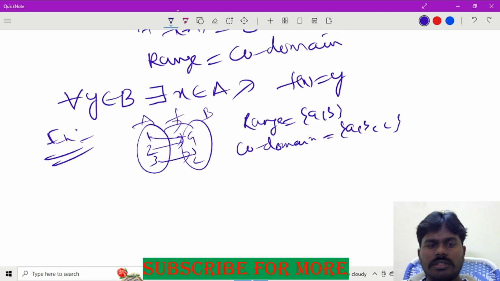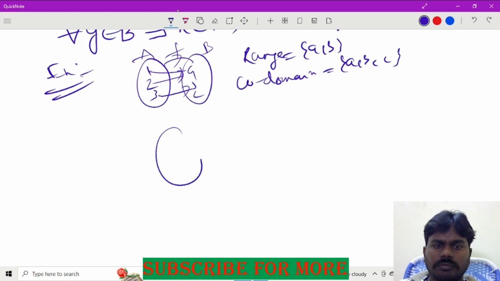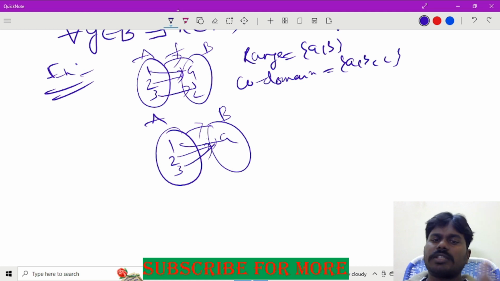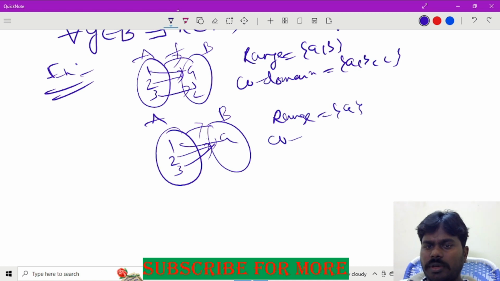Suppose here 1, 2, 3, and set B has only one element, that is a. Now I am mapping like this. Yes, it is a constant function also, and this function is onto, because the range is set A only and the codomain is set A only.